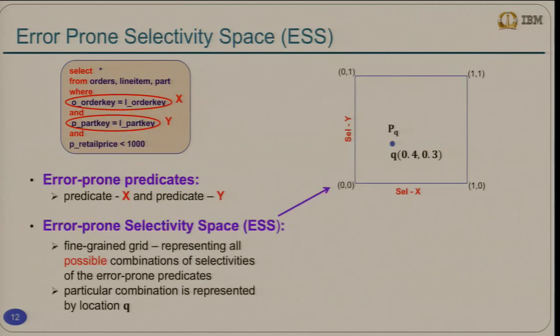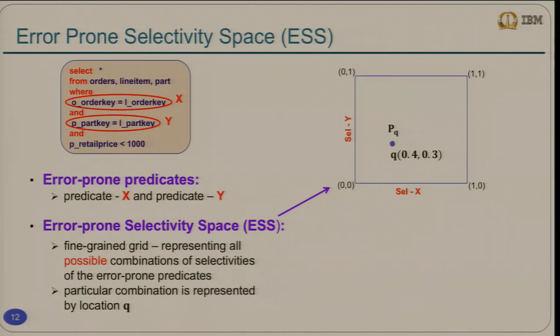Okay. So again, coming back to this particular query, let's say that there are these 2 hash joins which we call predicates x and y. The selectivity of these 2 is, let's say, difficult for us. We don't know how to do it. So the first thing we define is what we call an error prone selectivity space.